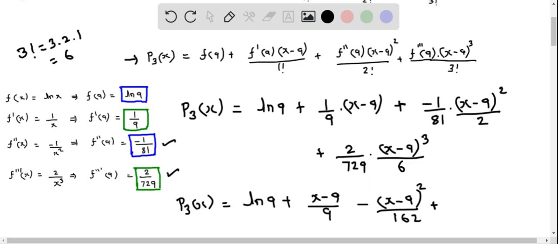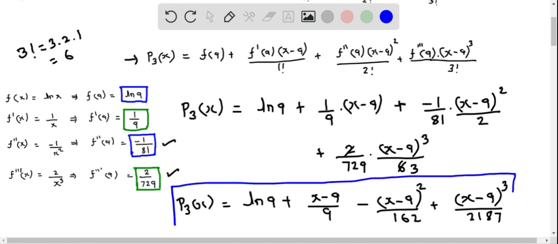We then can cancel the 2 with the 6 as 3 times, so we multiply 729 with 3 in the denominator, and that gives 2187. Therefore the last term is (x minus 9) raised to the power of 3 divided by 2187. So basically this is the Taylor polynomial of order 3 at a equals 9.